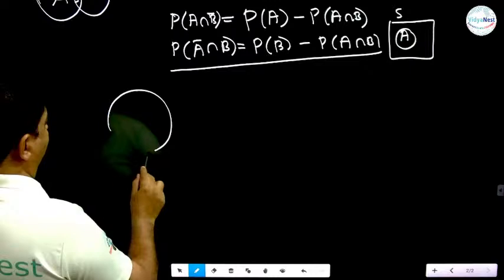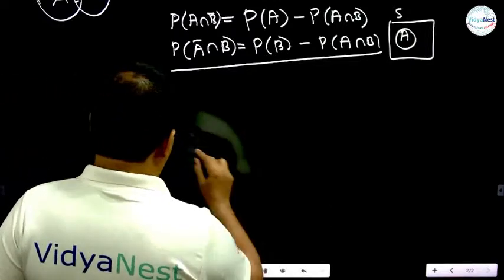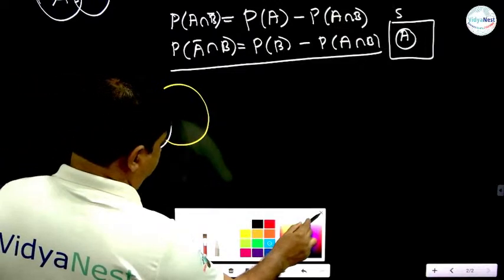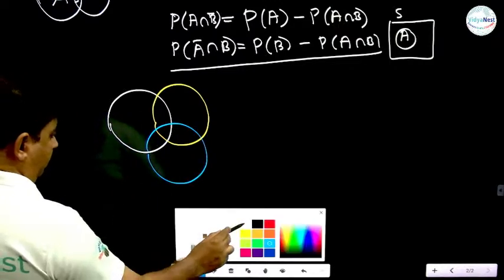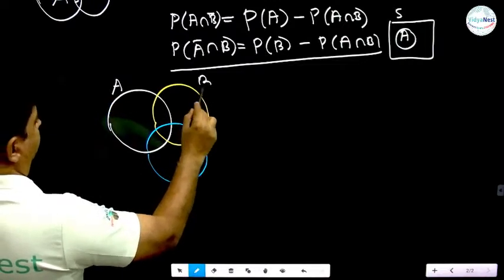This is one set A, this is B, and this thing C. A, B, C.